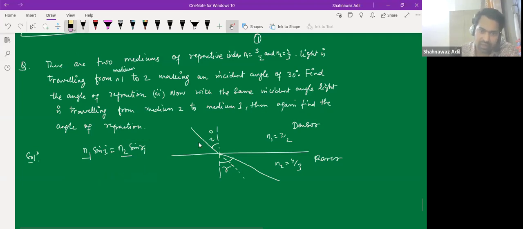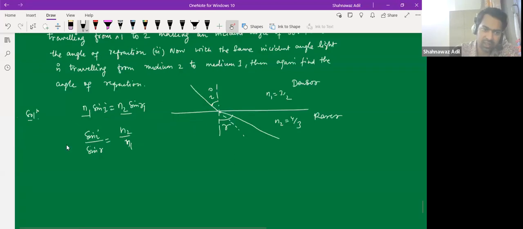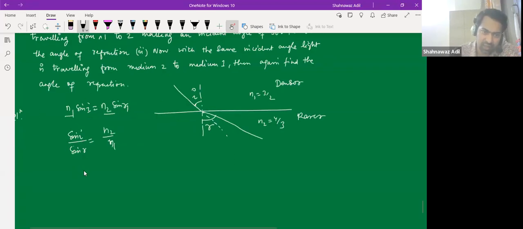N1 sine I equals N2 sine R, right? And sine I by sine R would be N2 by N1. So then we know all the values. We know how much sine I is. This is sine of 30. This is the first question, and then R we have to find out.